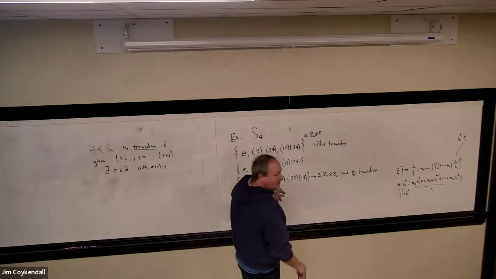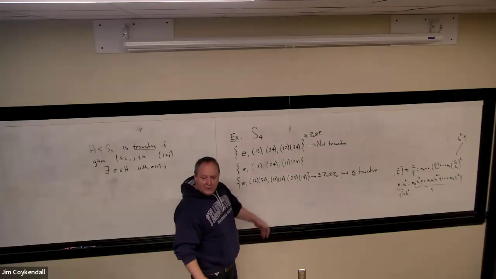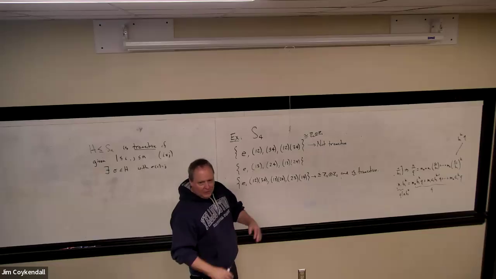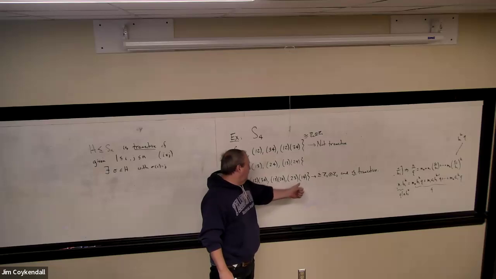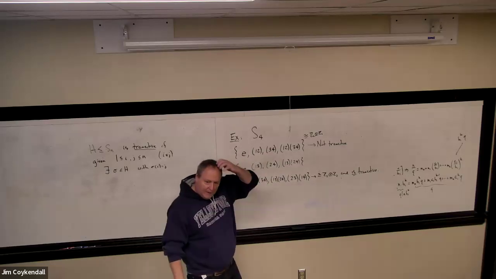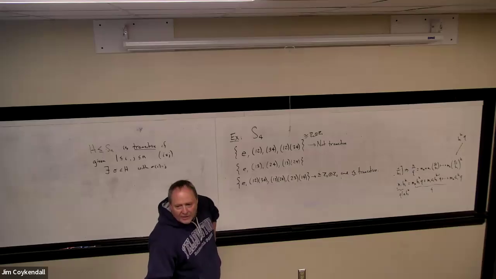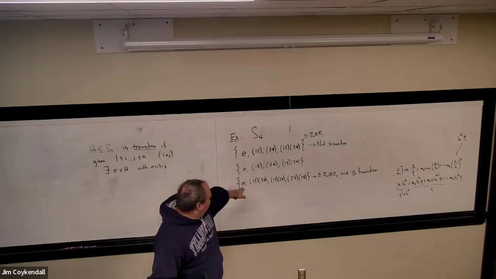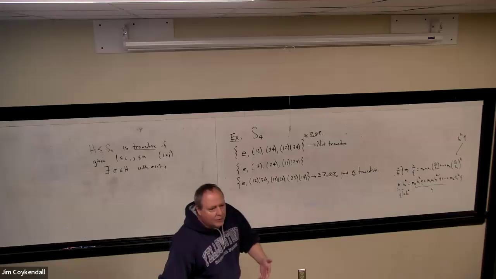So the product of these two is this. This is totally weird, isn't it? But this is transitive, because given any of 1, 2, 3, 4, just pick two of them. This takes 1 to 2, this takes 1 to 3, this takes 1 to 4, and that takes care of you. So that's really weird. S4 has a bunch of subgroups of order 4 that are isomorphic, but that's the only one that's transitive.